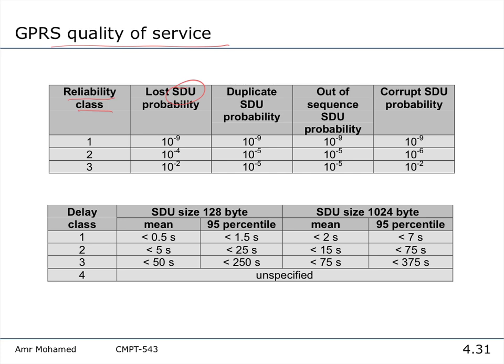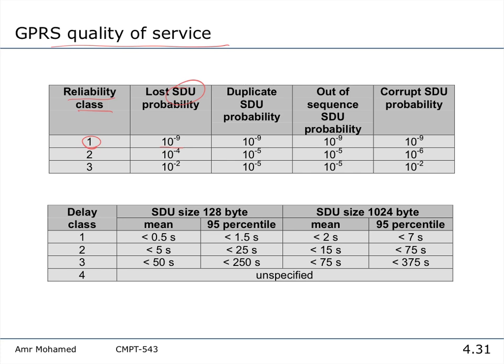For example, if a mobile station needs highly reliable quality of service, then it can be assigned class 1. And this class 1 provides a loss probability or packet dropping probability of 10 to the power minus 9, which means that for every 1 giga packets, I have only 1 packet lost. Of course, this is highly reliable.